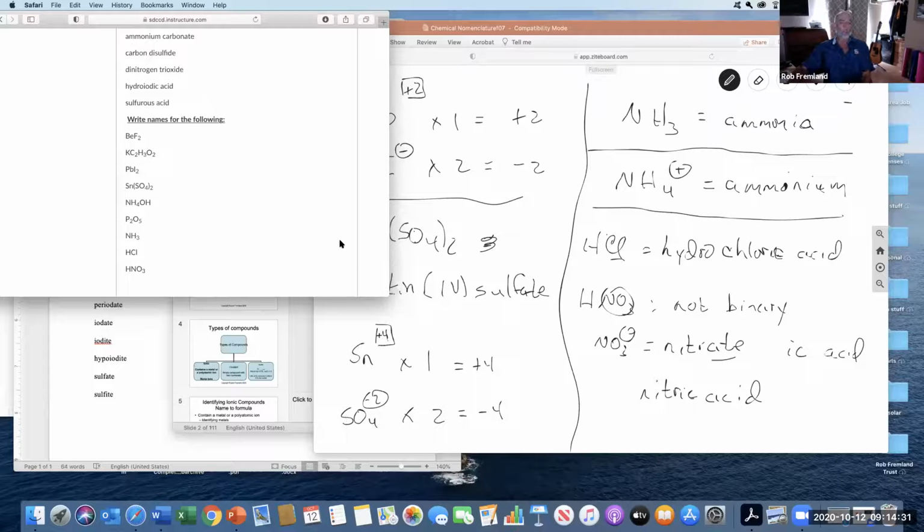So I think it's really huge, because after this, we're going to do some equation writing, and equations are all going to be in words. So you're going to get a lot of practice with nomenclature there. On exam 3, if you look at the old exam 3 that's posted, there are a lot of questions that are straight nomenclature, but also equations that are in words, all sorts of stuff like that.